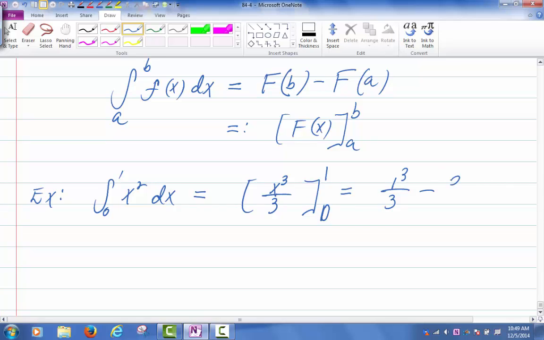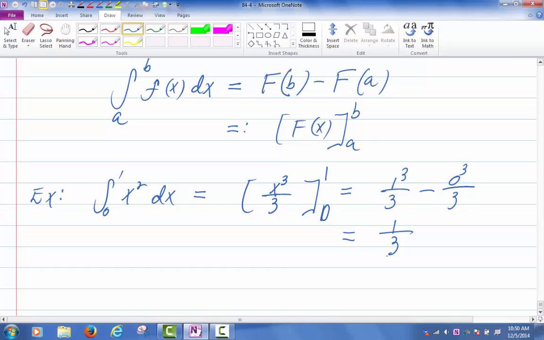Evaluate the antiderivative at 0. And then take the difference. And what do I get? 1/3. Right? I'm pretty sure you're saying, oh, thank God we can do this now instead of using Riemann sums, right? Well, starting from 4.3, you could just use this to compute integrals. Is everybody okay?